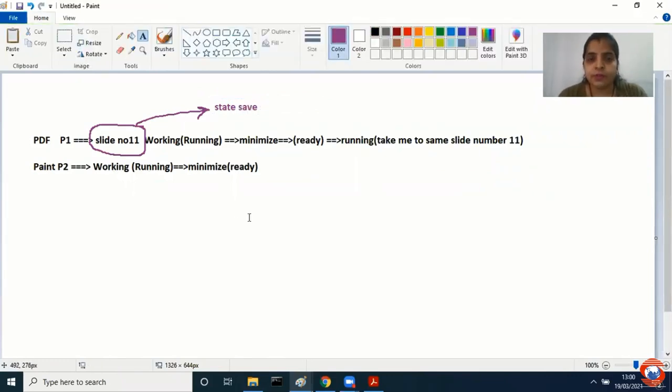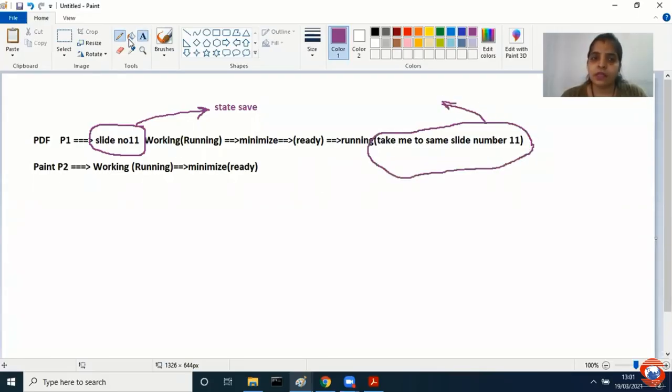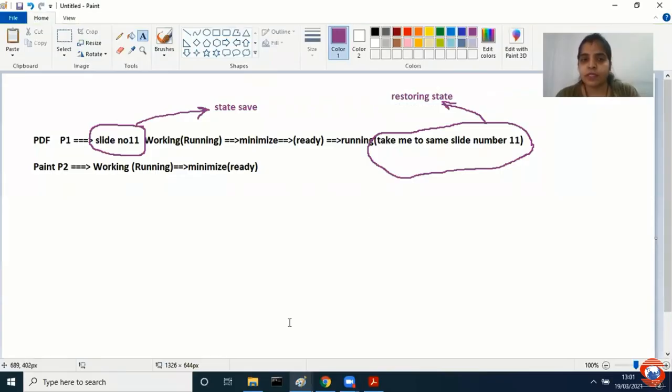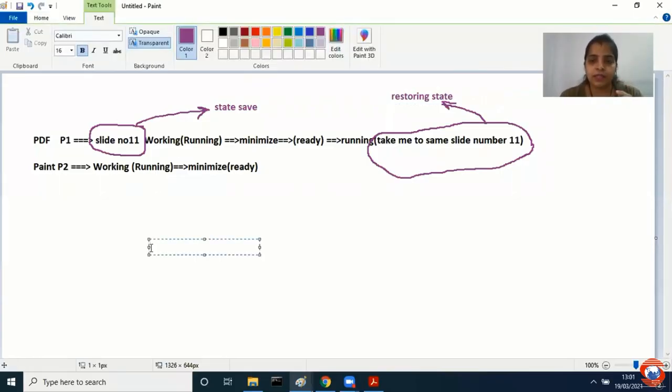My operating system saves the state of the process whenever the process moves from one state to another. Now, I am saying it will take me to the same slide number, which means it is restoring the previous state. Of course, yes. Also, here I am switching from one application to another application.